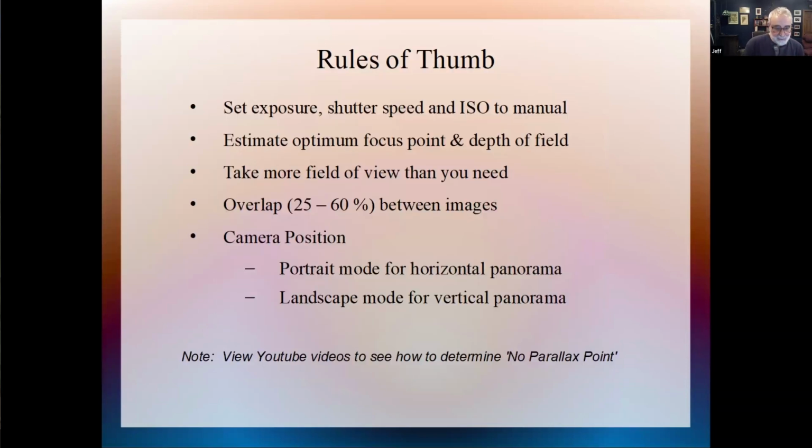All right. So there are some basic rules of thumb when you're taking a sequence of images for a panorama. First one is you set your exposure, shutter speed and ISO. You set everything in manual, because you don't want your exposure changing as you're rotating your camera, taking multiple images, especially if they have the sky.